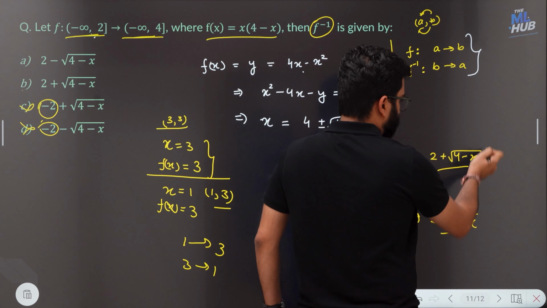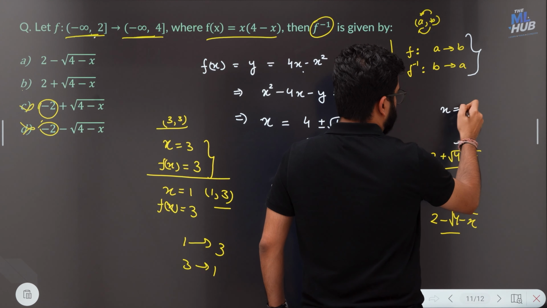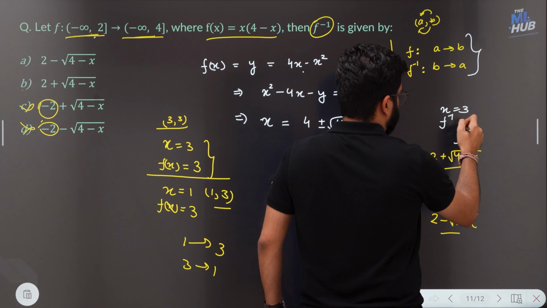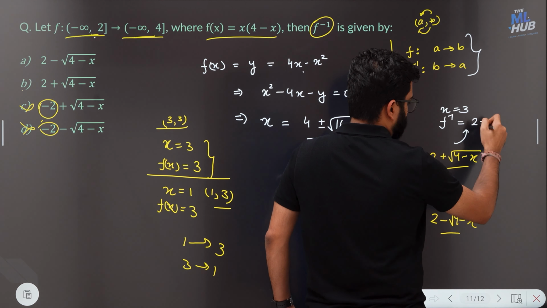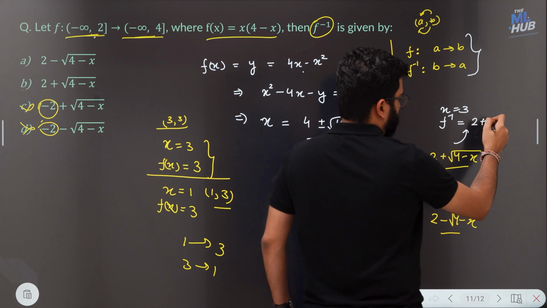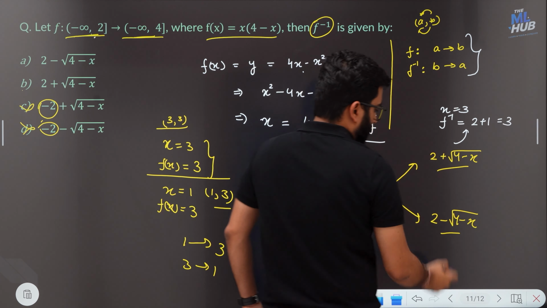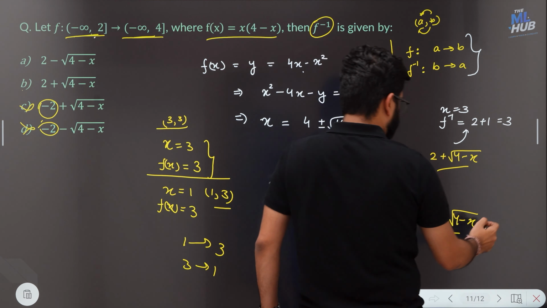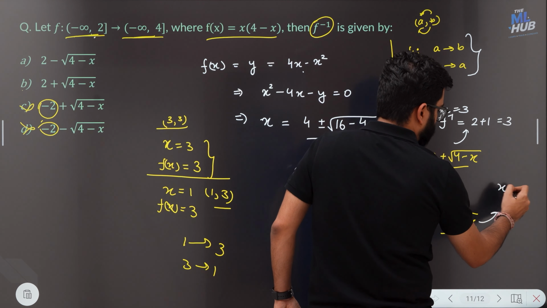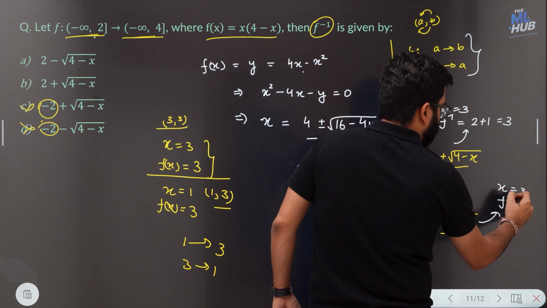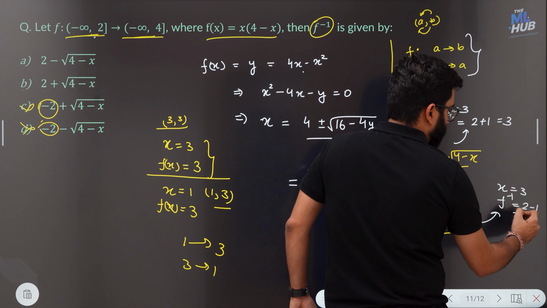If x is 3, then f inverse will be 2 plus square root of 4 minus 3, which is 3. And if x is 3 in the second case, then f inverse will be 2 minus square root of 4 minus 3, which is 1.